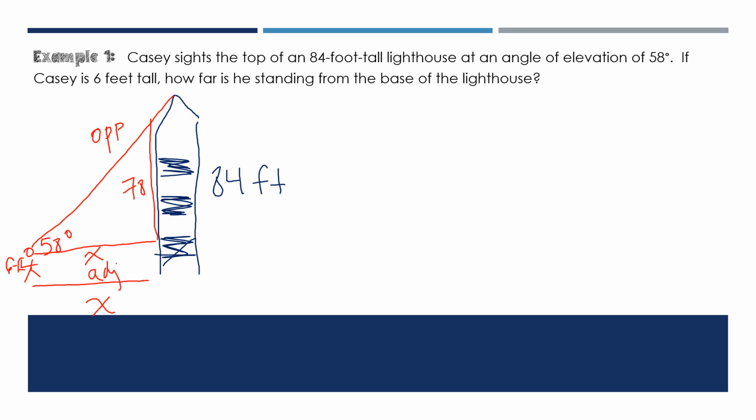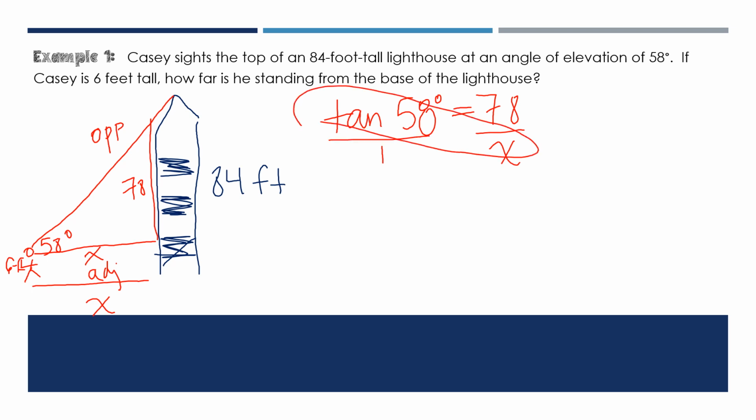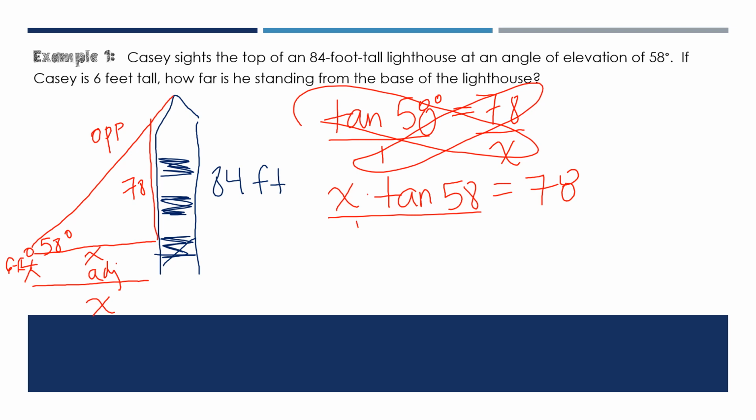adjacent leg. So we are going to use tangent of 58 degrees equals our opposite, which again is 78 because we had to take the 6 feet out of the 84, over what we're looking for, which is x. I would suggest setting up a proportion and cross multiplying: x times tangent of 58 equals 1 times 78, which is 78, and then divide both sides by tangent 58.